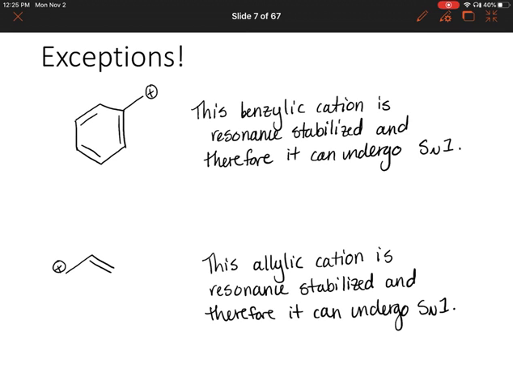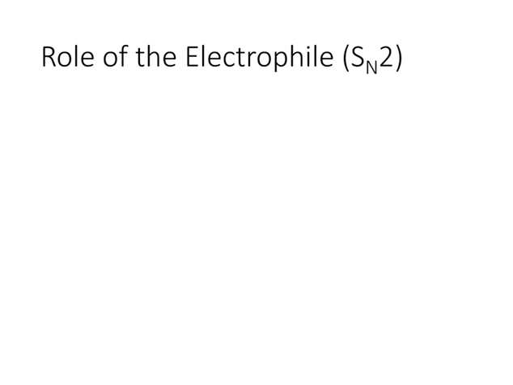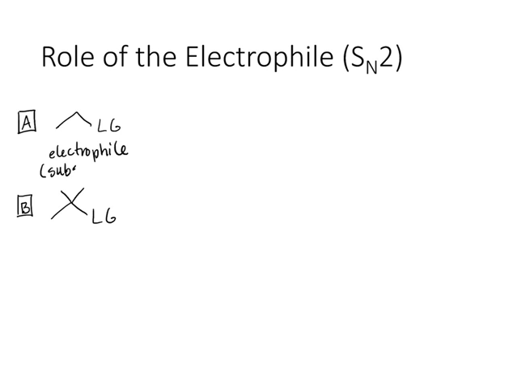Now, let's look at the role of the electrophile in an SN2 reaction. So we're going to draw those same reactants or electrophiles that we drew before. So remember, these are the electrophiles, or we can also call them substrates. And they're reacting with a nucleophile.